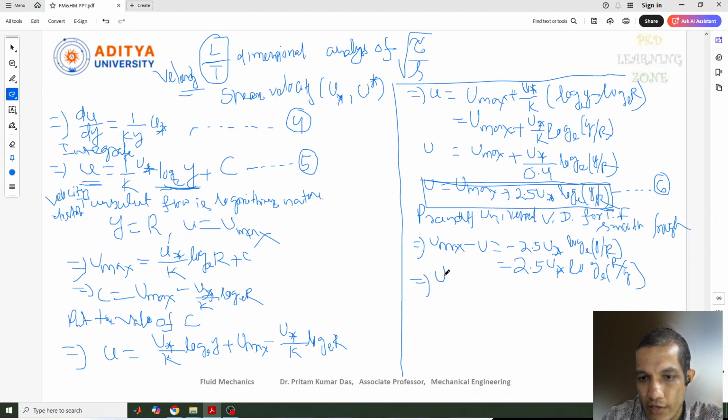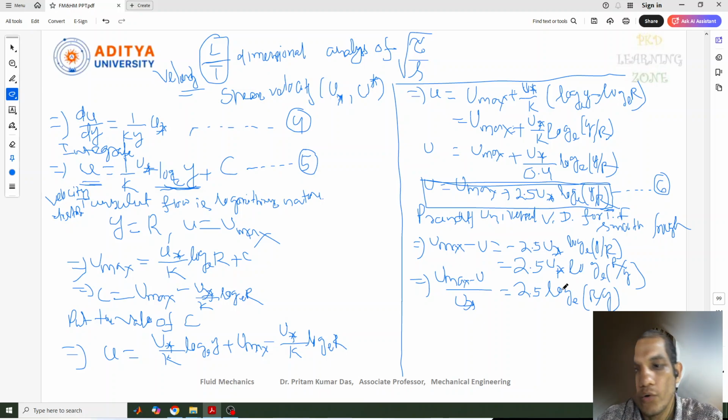That means U max minus U divided by U star equal to what we'll get, 2.5 log E R by Y, capital R by Y. This is actually in this term.